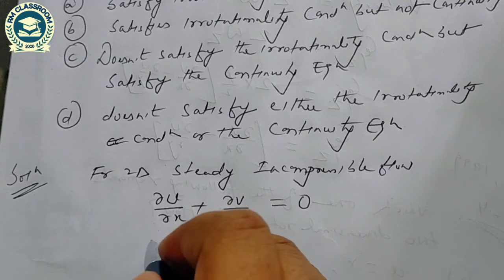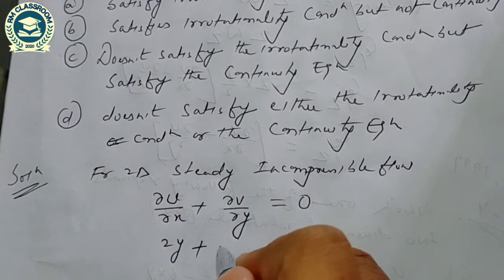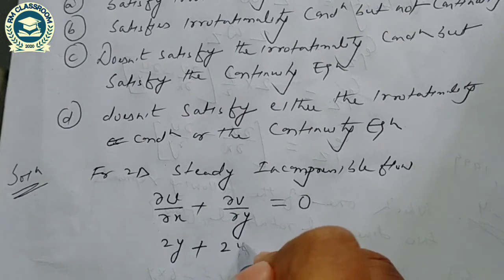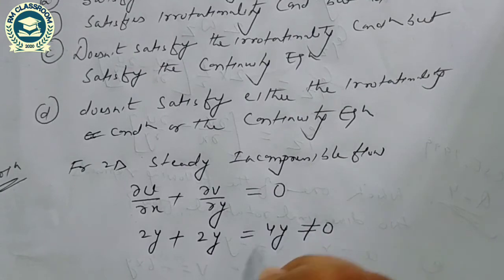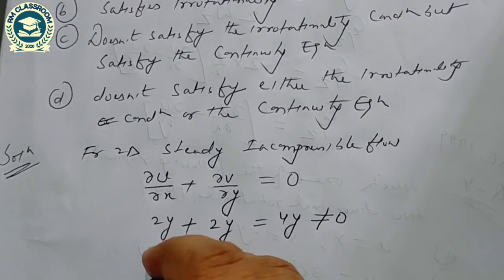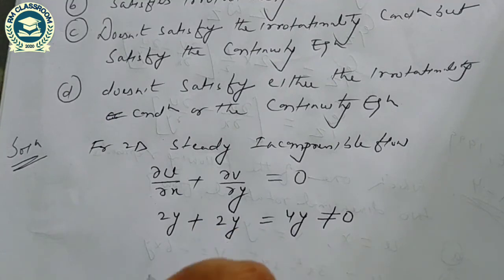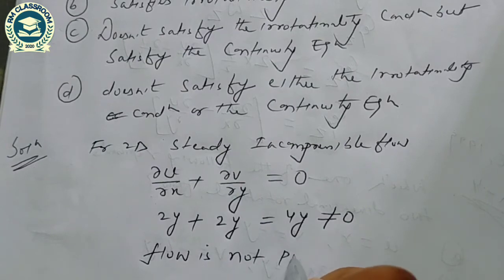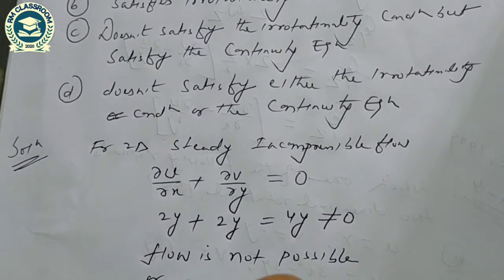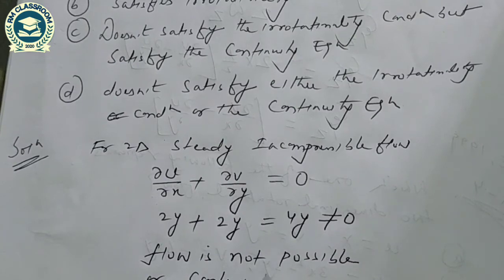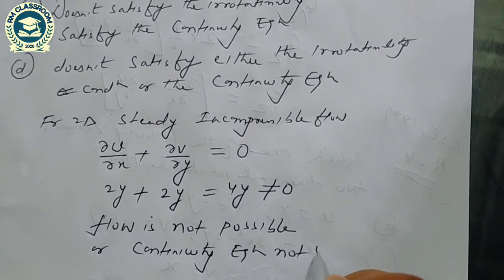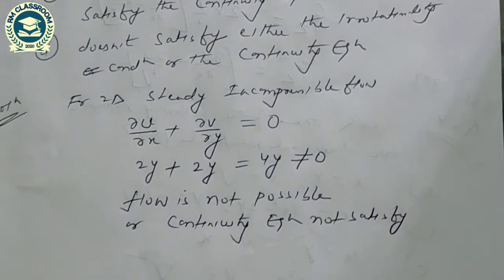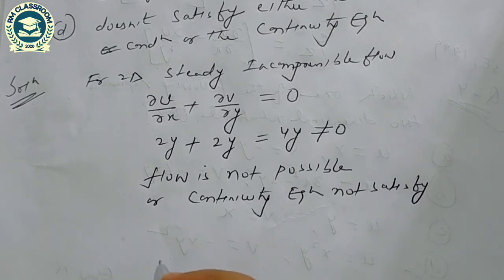So del u by del x is 2y plus del v by del y is 2y, that is equal to 4y, and it is not equal to 0, which means the continuity equation is not followed. So the flow is not possible, the continuity equation is not satisfied.